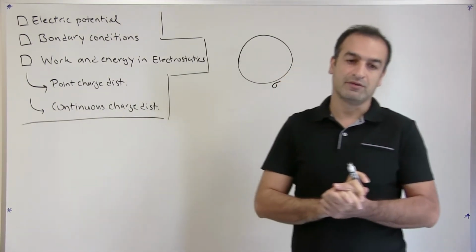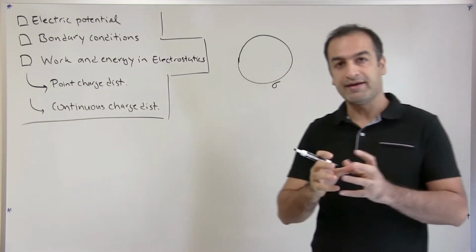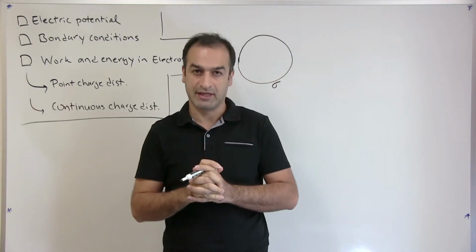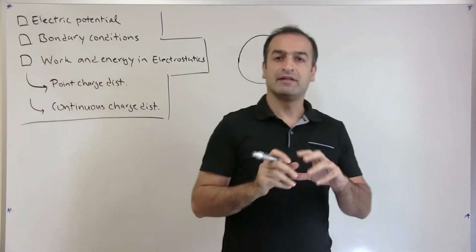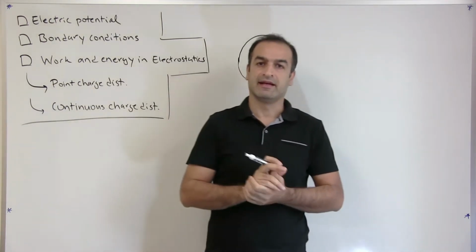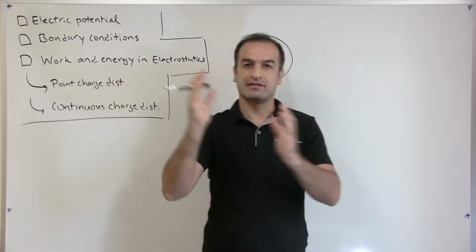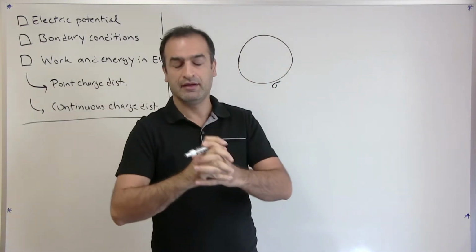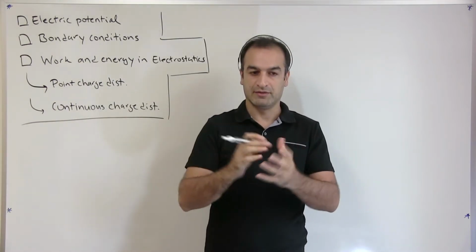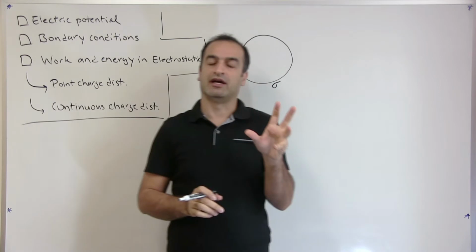And we were trying to find the electric potential inside and outside the spherical shell. Okay, so we did that example once where we integrated the electric field from infinity to the surface of the spherical shell, and then we also continued inside. So that was one approach.